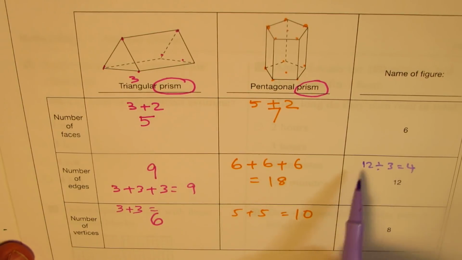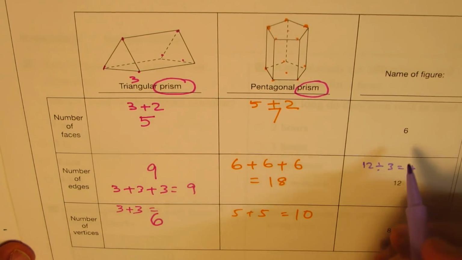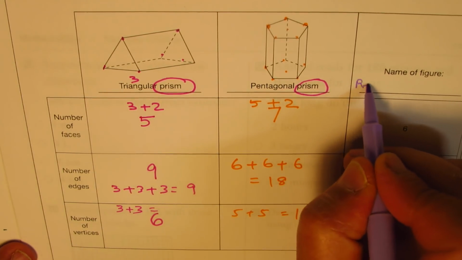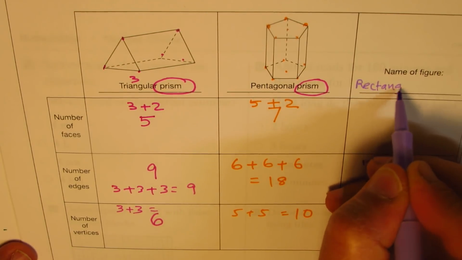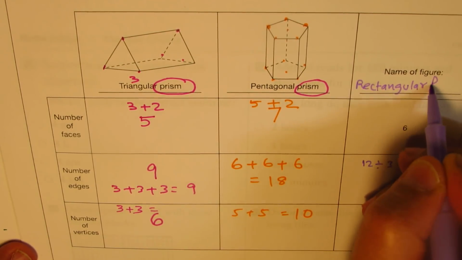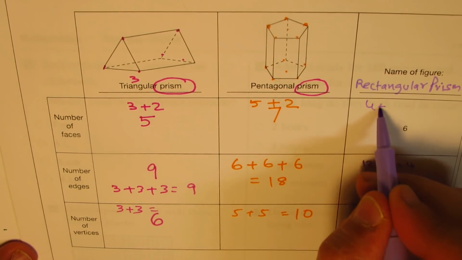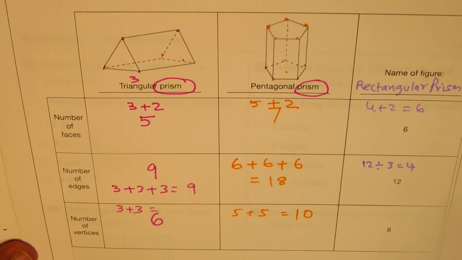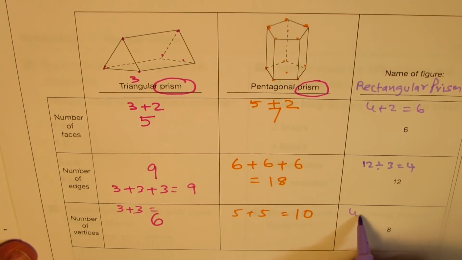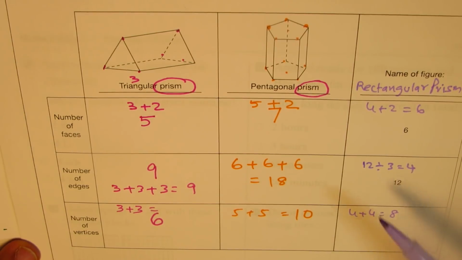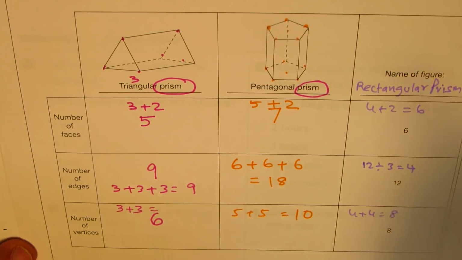So it could be a rectangular prism. Does it make sense? 4, right? If I do 4 plus 2, I do get 6. It helps to understand. 4 plus 4 is 8. Do you see how we got our number? A 4-sided figure and a prism.